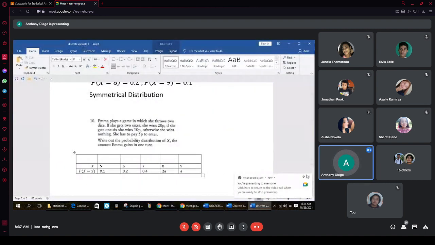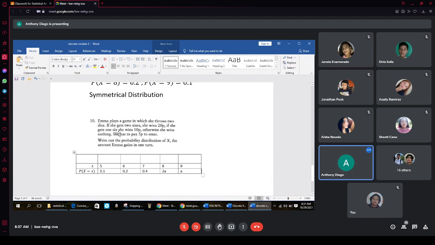Okay, let's go back to the problem. Anybody got it? Let's see if yours corresponds. You check if you correspond with mine. I will just use this additional space up here to show. They're talking about throwing two dice, right?